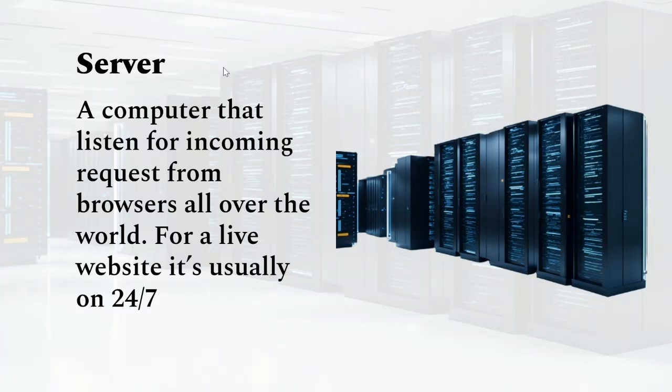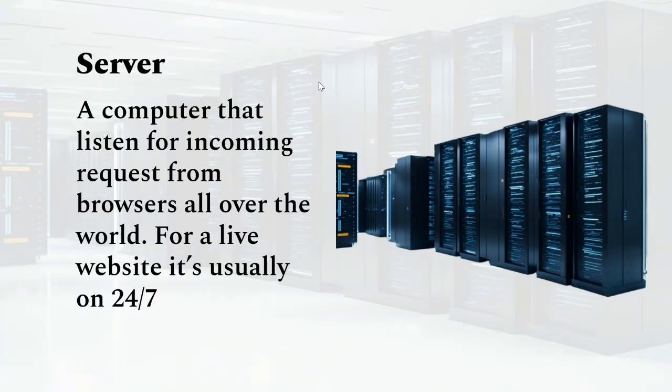Its essence is to receive this request, process it, and send back a response depending on what you are actually asking for. It is just basically a computer that is kept on 24/7, that is always on.